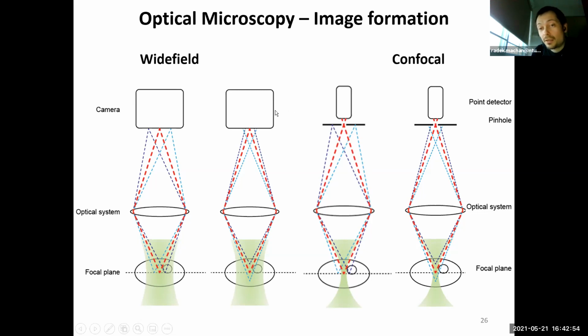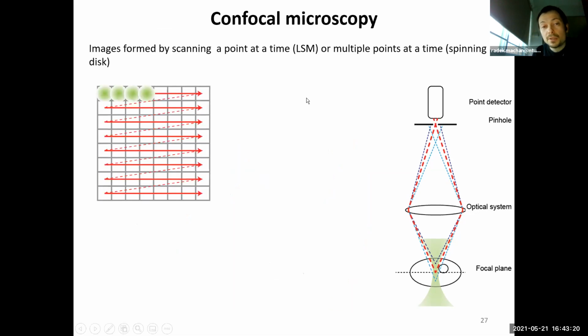So I don't need a camera. I can use a point detector in this case. And I don't need to illuminate the whole plane. I can just use a focused beam to illuminate the one spot from where I can collect the light. So that means that if I want to construct an image, I need to scan the focal plane with the beam.